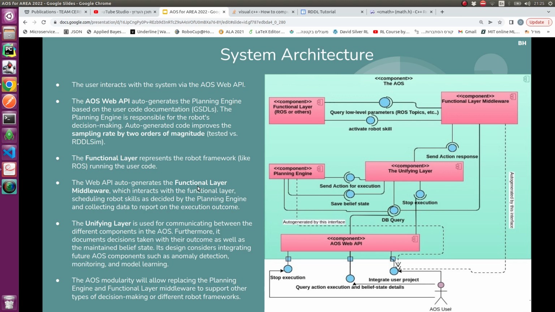If we were to use the same generic code for all of the domains, it would be a lot slower than auto-generating code. We experimented versus RDDL Sim, which is open source code used for the international probabilistic planning competition, and we saw that our code can be 40 times faster than this generic code.